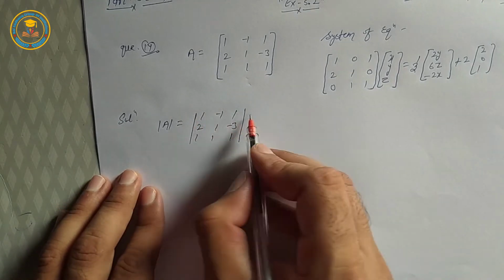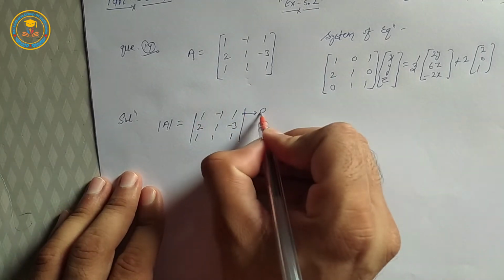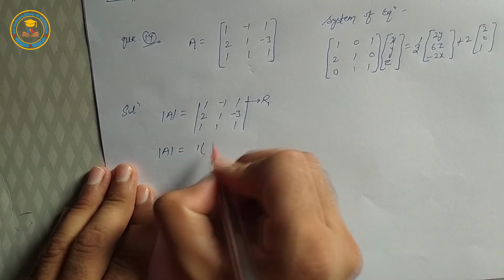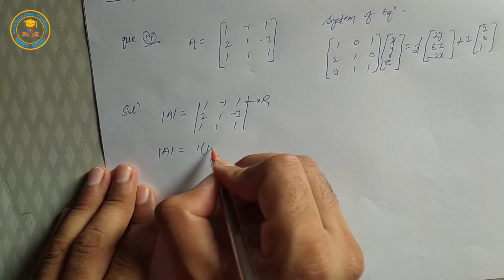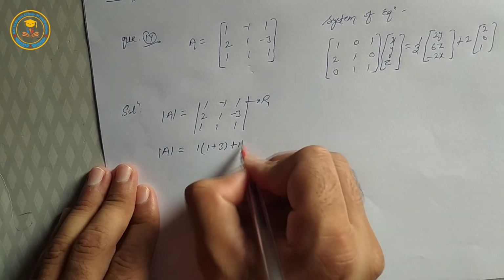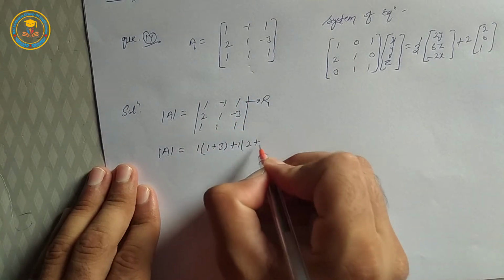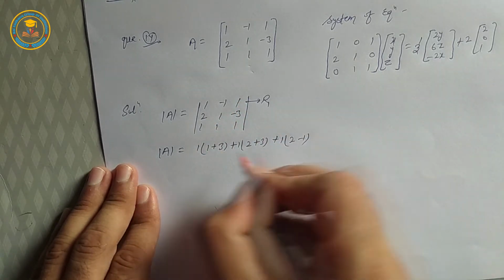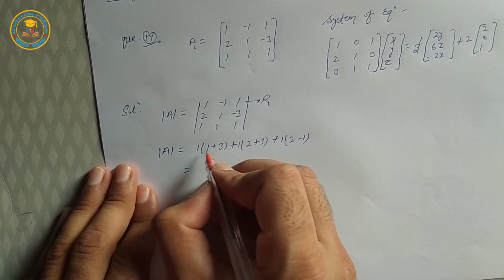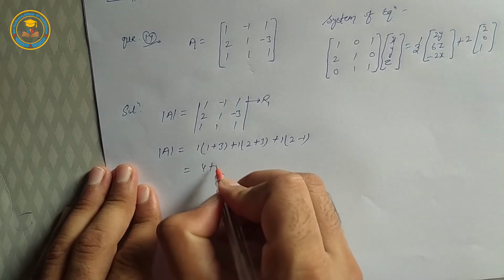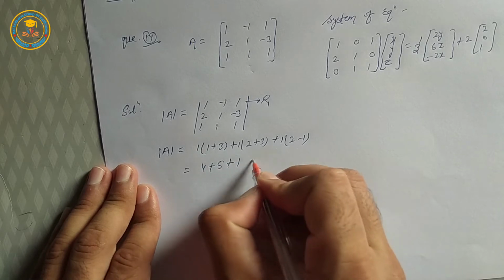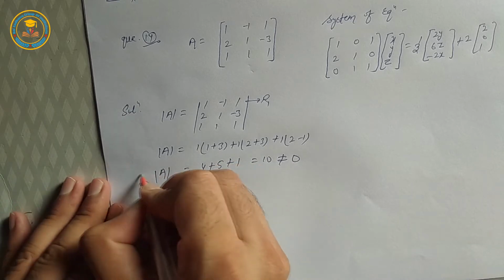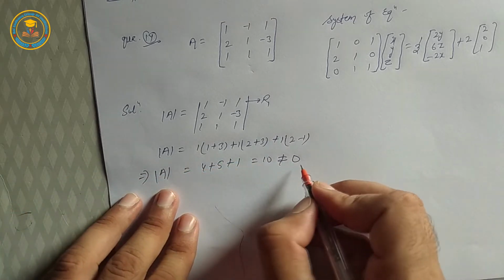On expanding along R1, determinant A is equal to 1 into (1 + 3) + 1 into (2 + 3) + 1 into (2 - 1), which is 4 + 5 + 1 = 10, not equal to 0. It means determinant A is not equal to 0.